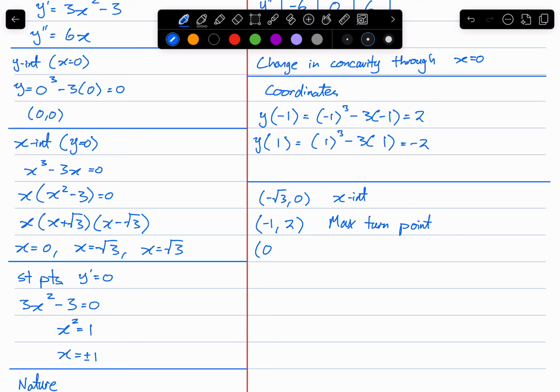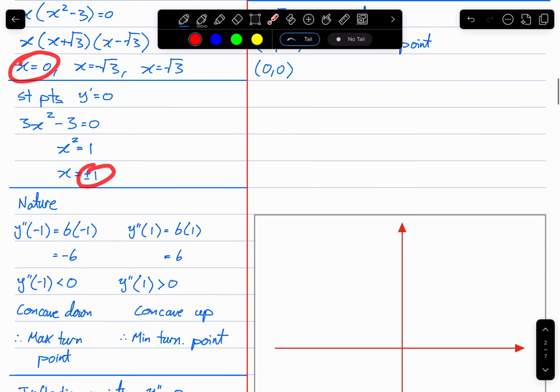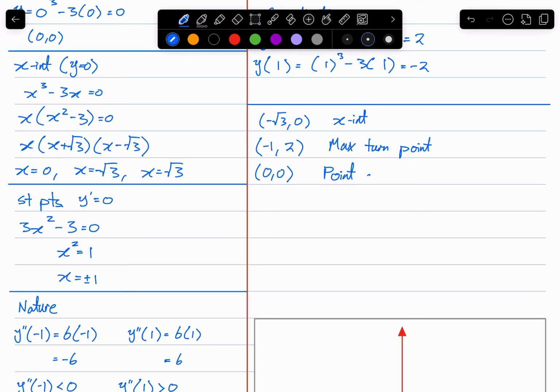Our next one is going to be (0, 0). And now take a close look. (0, 0) is an x-intercept. It's not a stationary point. It is just a point of inflection. And it's also an x-intercept and a y-intercept as well, but that's not super important.